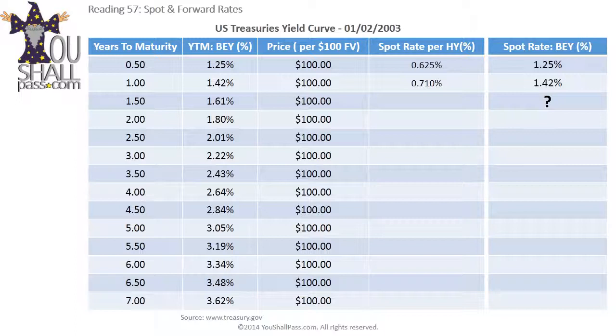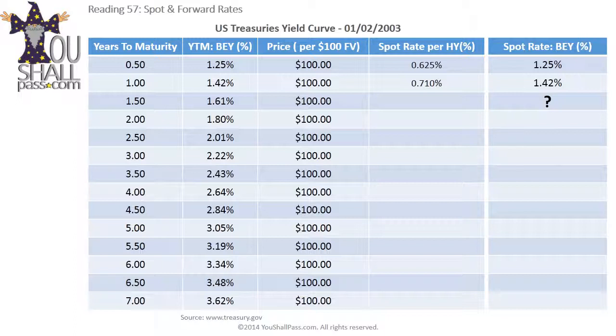The YTMs shown here are actually worked out on the basis of 6 monthly intervals, and then the bond equivalent YTMs are expressed as simply twice the 6 monthly rate. Therefore, to get a true picture of what's actually happening here, we need to decompose or break down the annual YTM into 6 monthly YTMs.